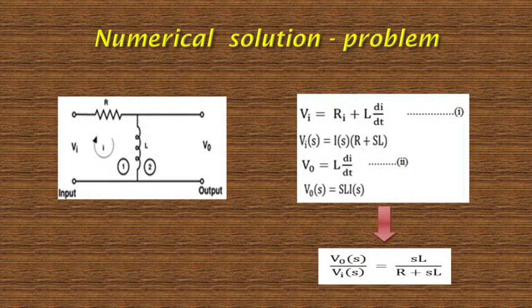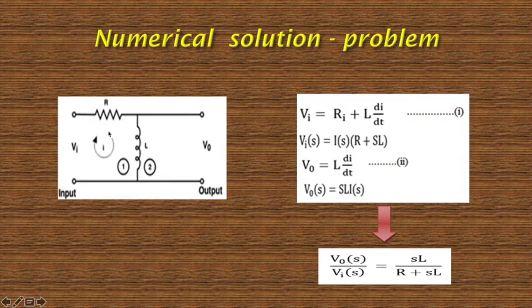Numerical problem. Here an R and L circuit diagram is given. Output is V0 and input is Vi. For L, in the S domain, this is LS.